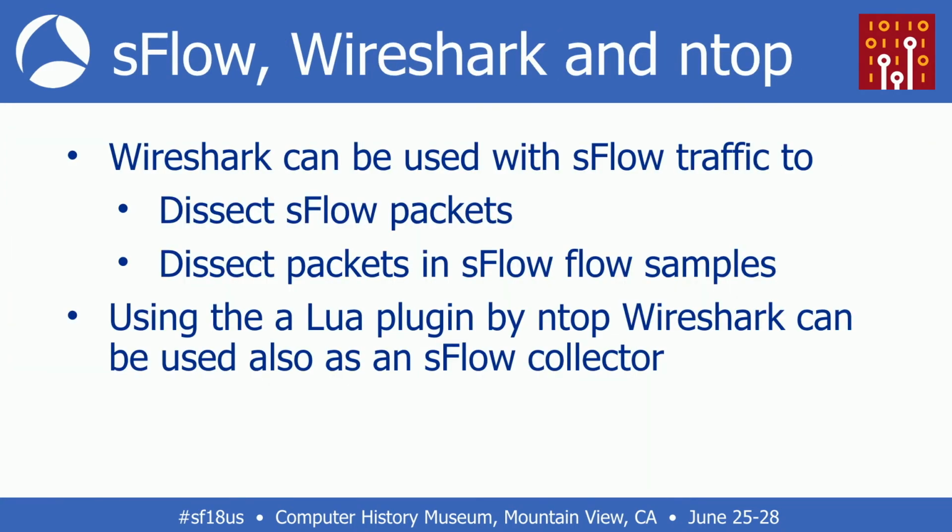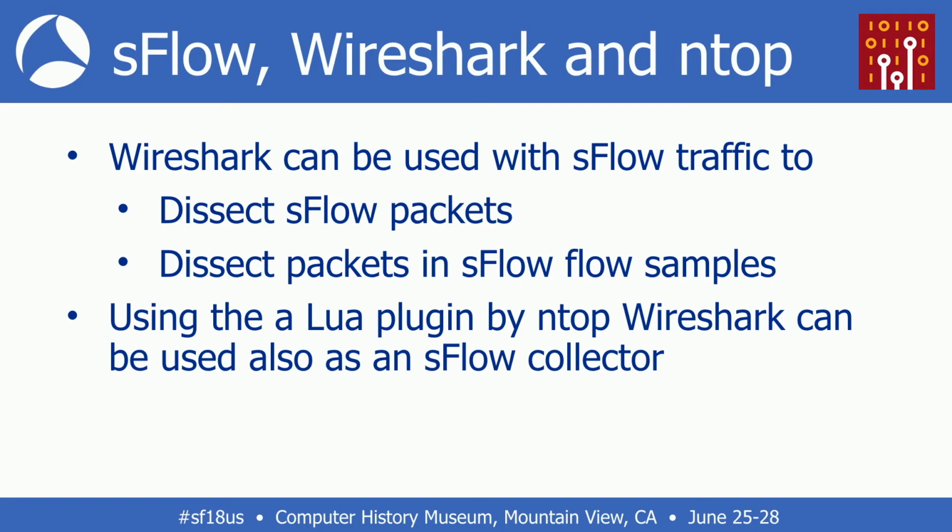Okay, last part of this presentation. Let's see how we can use Wireshark with sFlow traffic. We can use Wireshark basically in 3 ways: to dissect sFlow packets, to dissect the packets that are contained in the flow samples, the samples that we have mentioned in this presentation, to see what's going on.